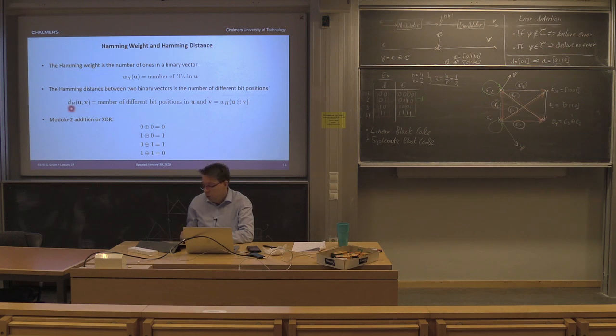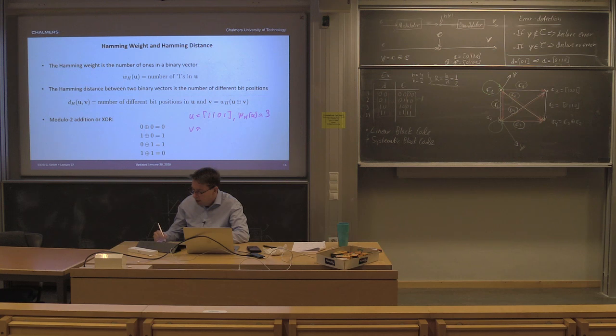The Hamming distance between two binary vectors is the number of positions in which they differ. So the Hamming distance between u and v is the number of different bit positions in u and v, which is the Hamming weight of u plus v. So if u, for instance, is equal to 1, 1, 0, 1, the Hamming weight of u is equal to what? Three. Very good.